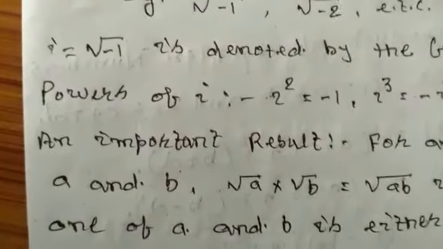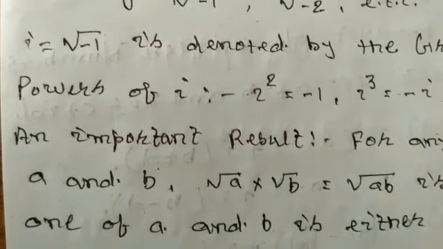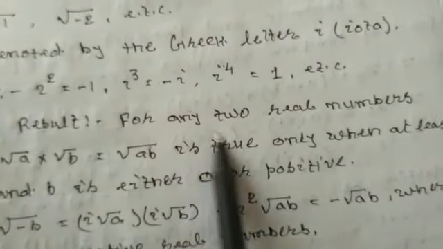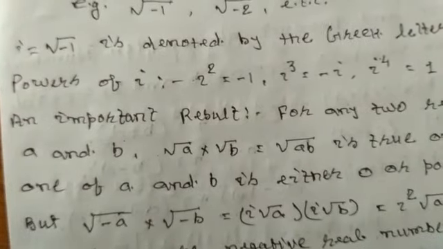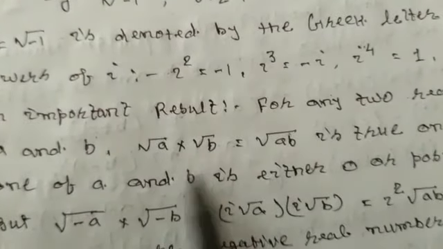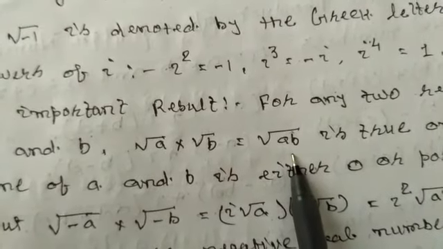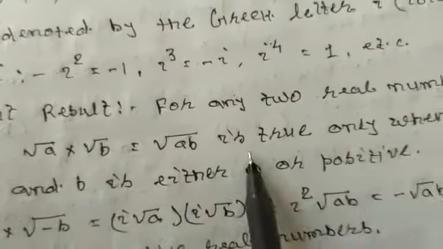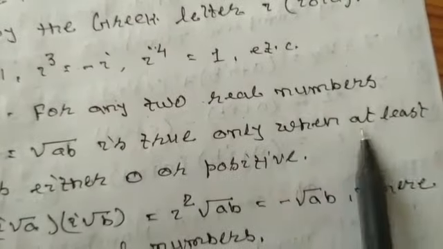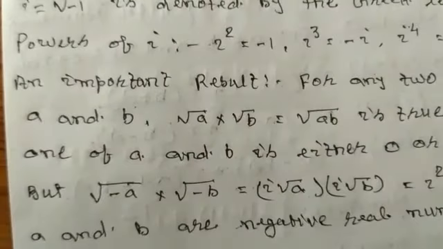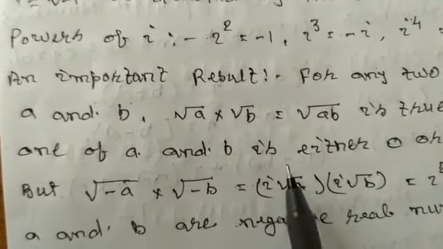Now an important result is that for any two real numbers a and b, under root a into under root b will be equal to under root ab. This is true only when at least one of a and b is either 0 or positive.